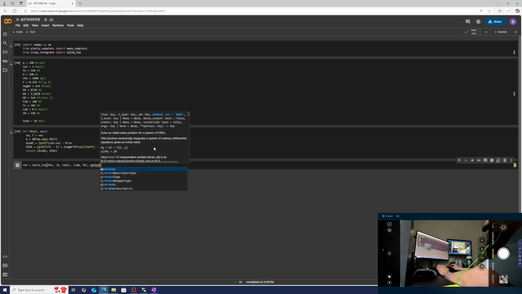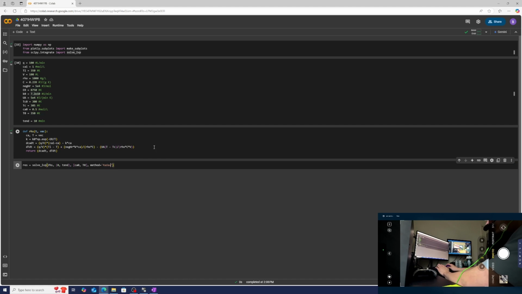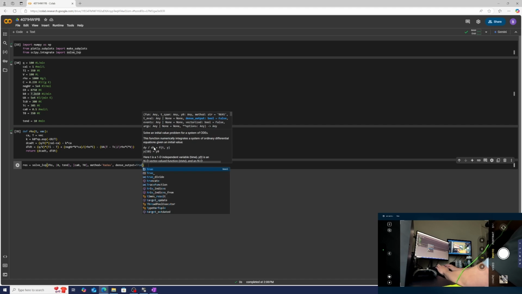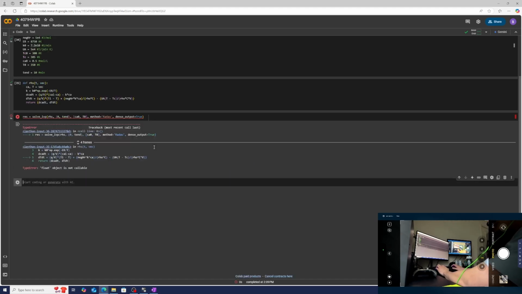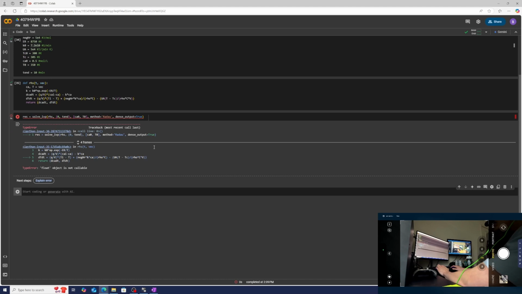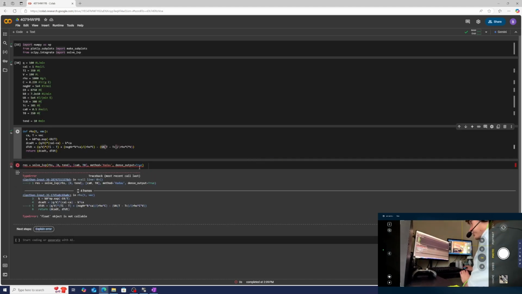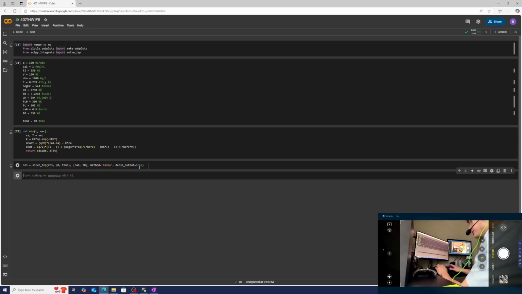Method will be Radau, and our dense output is equal to true, so we can evaluate it at each individual time. Float is not an object. What happened? It seems I just forgot to multiply our UA, which is unfortunate. Alright, so that seems to work now.